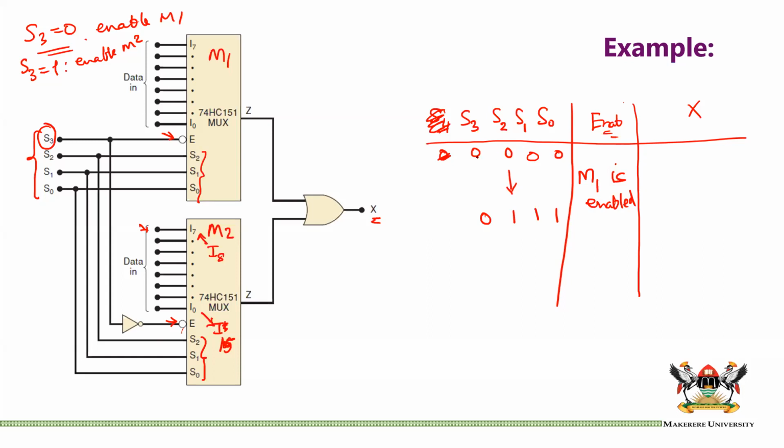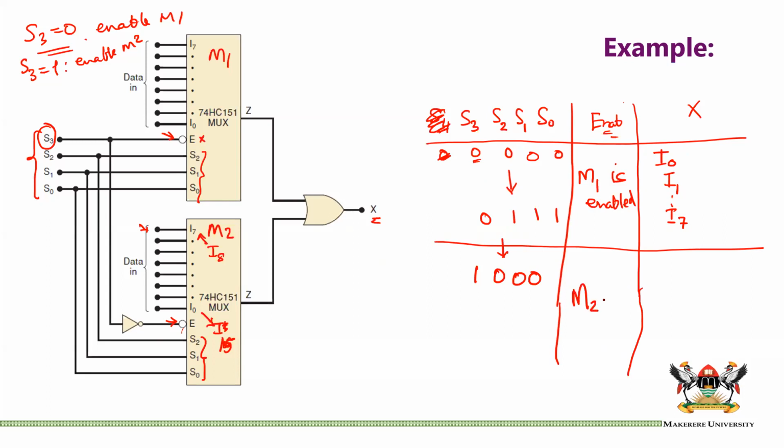And so my X, in the case of 0, 0, 0 for example, will be I0, then I1, all the way to I7. That is one part of the truth table. And now the next value is 1, 0, 0, 0. When I have 1 here, this is disabled and that is enabled. That means M2 is enabled. And this will continue to 1, 1, 1, 1. My output here should be I8 all the way to I15.